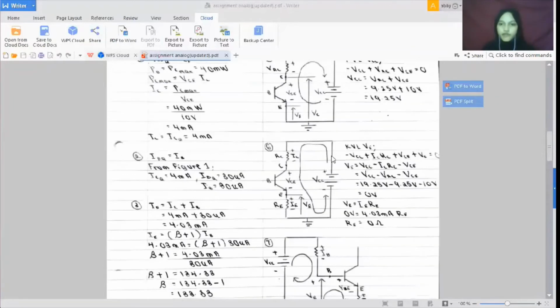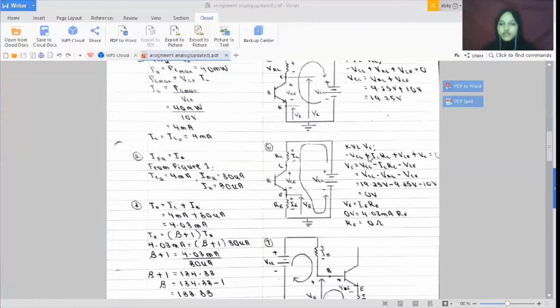Next, we will be searching for the value of voltage for E, or as we write it here, VE. This is the direction of our loop, and the equation that we get is negative VCC plus ICRC plus VCE plus VE equal to 0.